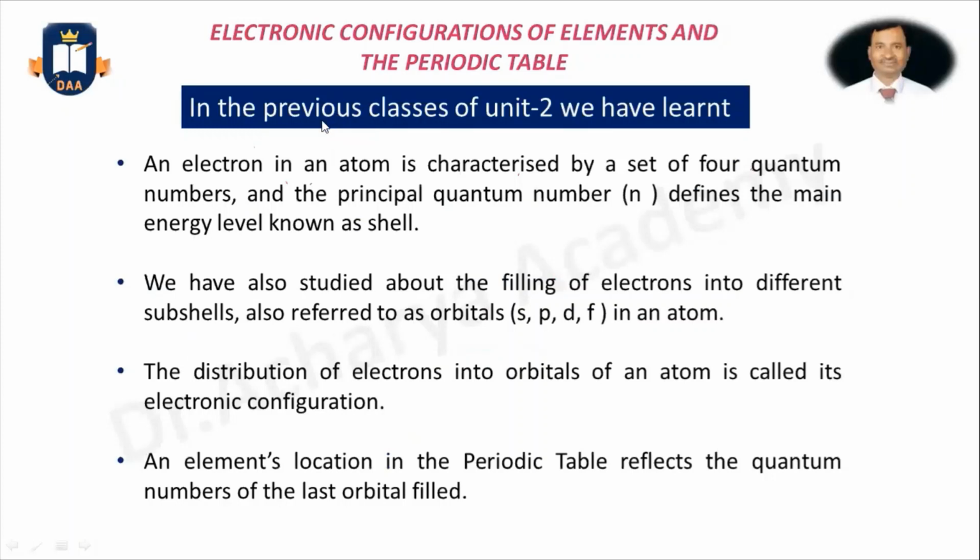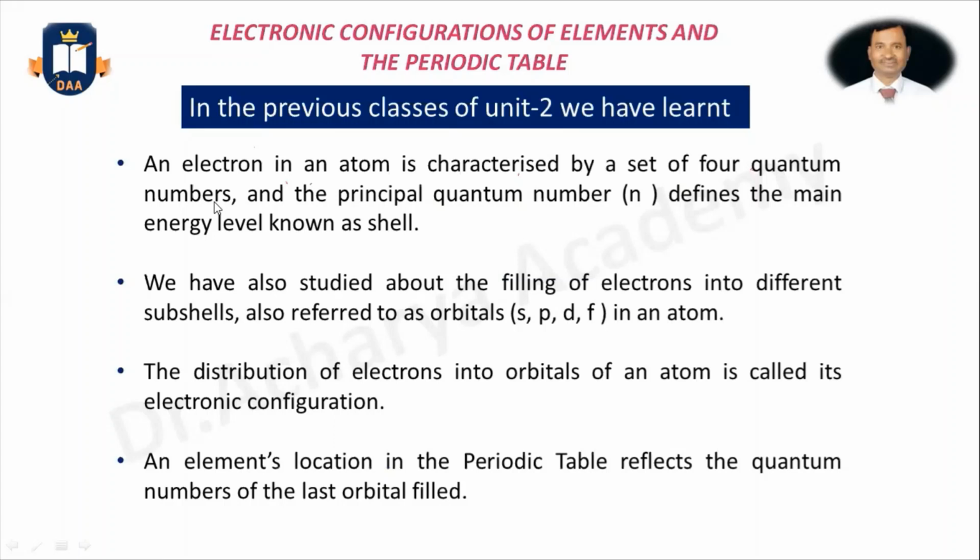In the previous class, what I already discussed in unit number 2, you have learned that an electron in an atom is characterized by a set of 4 quantum numbers: principal quantum number, azimuthal quantum number, magnetic quantum number, and spin quantum number.